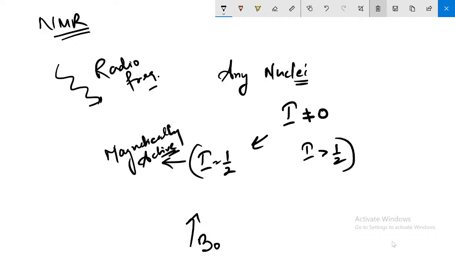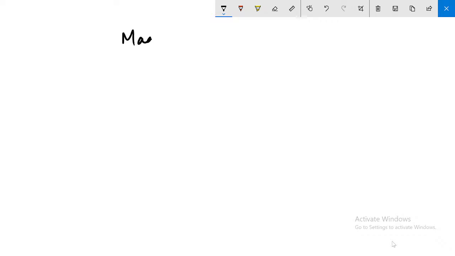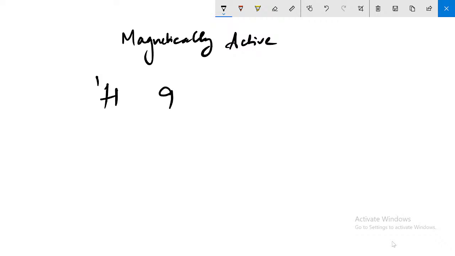We need a magnetically active nuclei. There are many magnetically active nuclei, but we mostly study proton. It is the most abundant in nature, out of all the hydrogens.